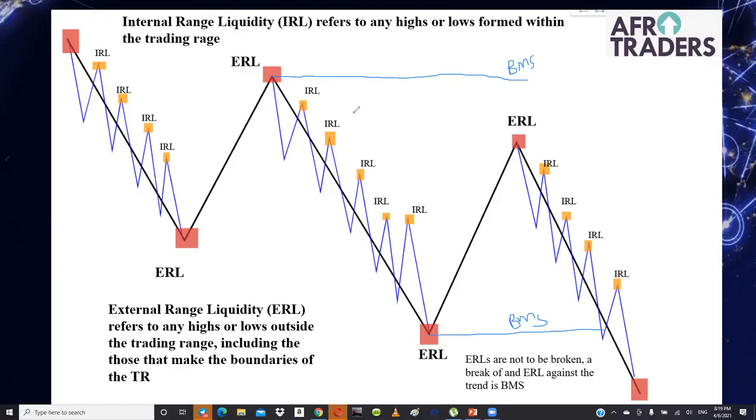The external liquidity that is against the trend, when it's broken, means that we have a reversal or we should anticipate a reversal.